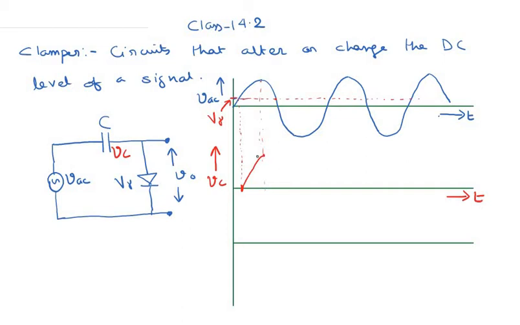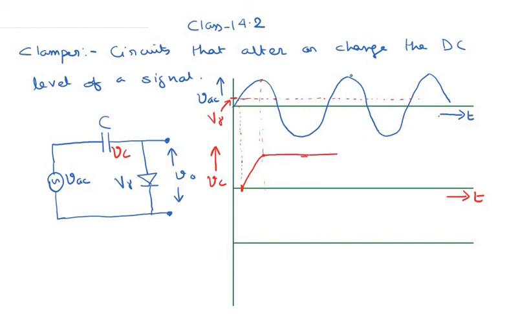Then after that, when this voltage starts to decrease, immediately this diode becomes reverse biased. So the capacitor cannot discharge, and the voltage across the capacitor remains almost constant.